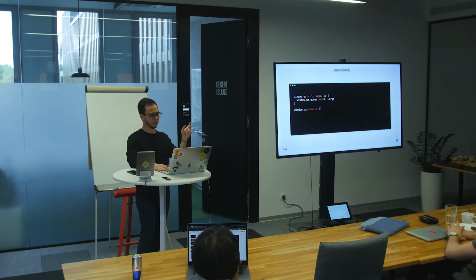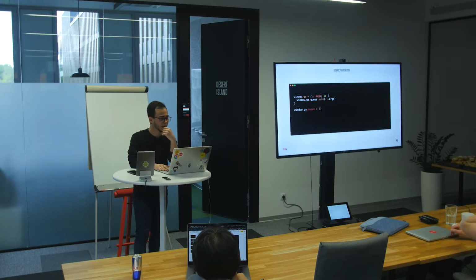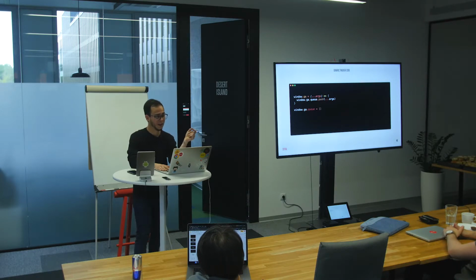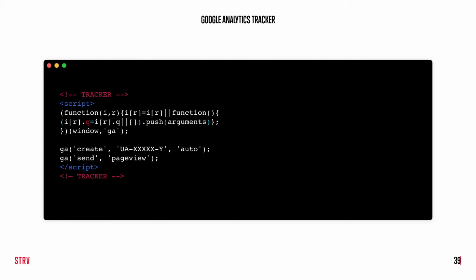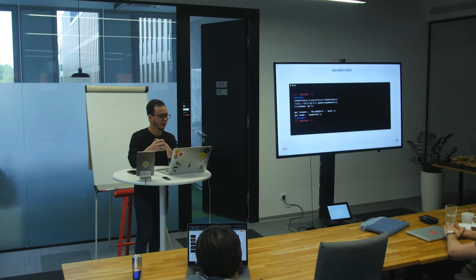The arguments are usually the event name and all the rest. So what I want you to get from this is that Google is smart. They're already queuing whatever calls to Google Analytics you do with ga create, ga send, because they know when you call this, maybe Google Analytics will not be downloaded yet. But the thing is that they don't expose a way for us to take advantage of this queue.